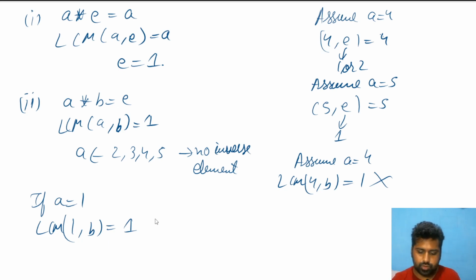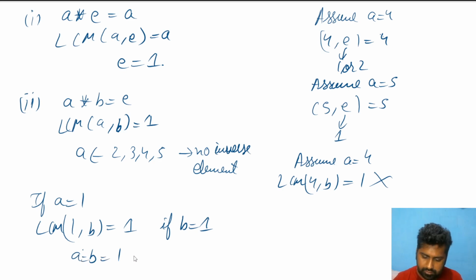So this is possible if b is 1. So the inverse element exists only if a is 1, and the inverse element itself, b, is also 1. So if a equals b equals 1, then only is it invertible, and the inverse of a is also 1.